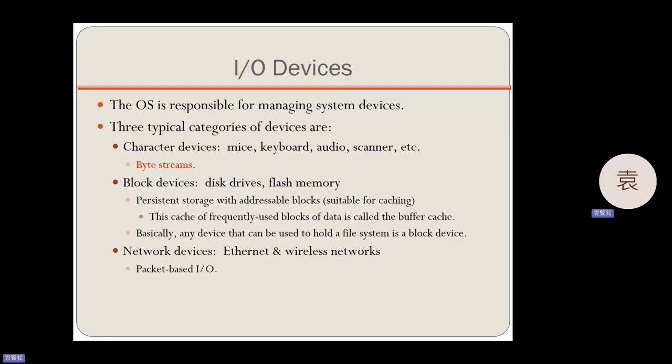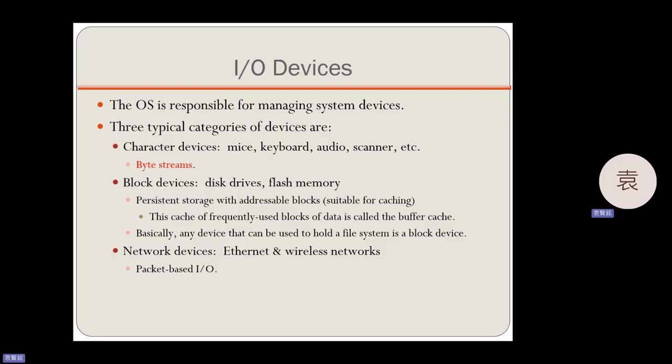The operating system is also responsible for managing system devices. Usually there are three typical categories of devices. The first one is character devices: mice, keyboards, audio players, scanners, and so on. Those are byte-stream devices, so they communicate by stream, one byte at a time.